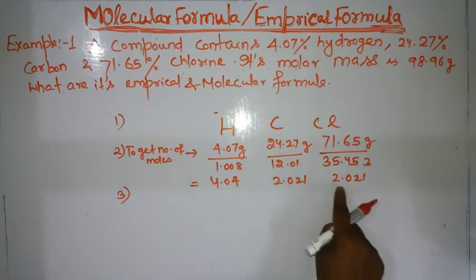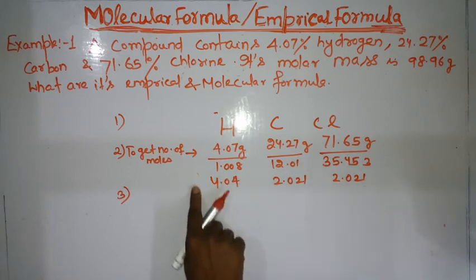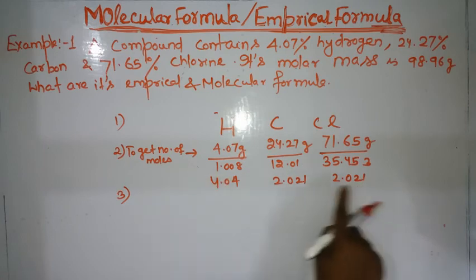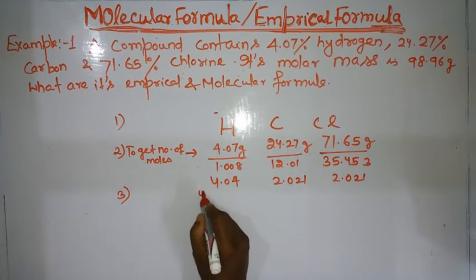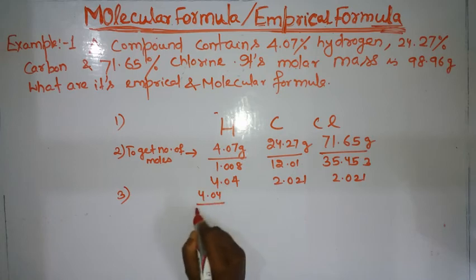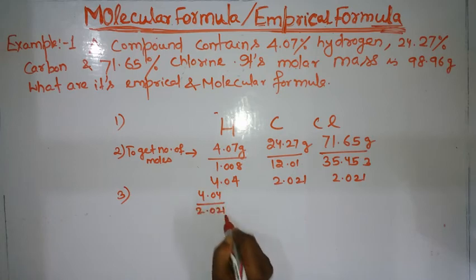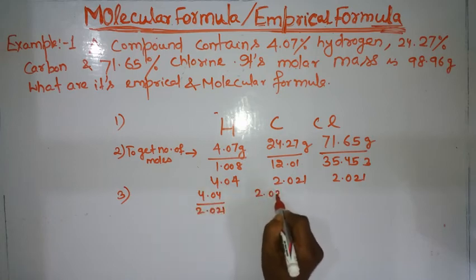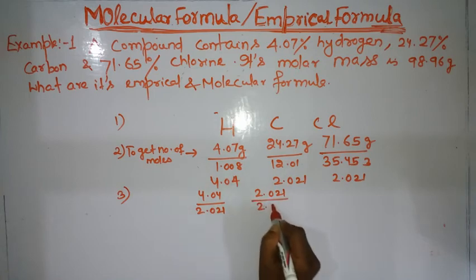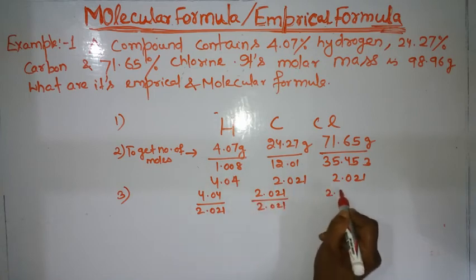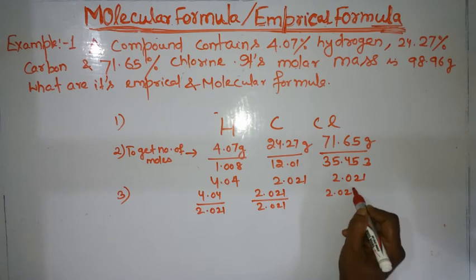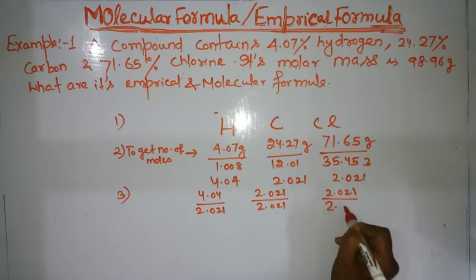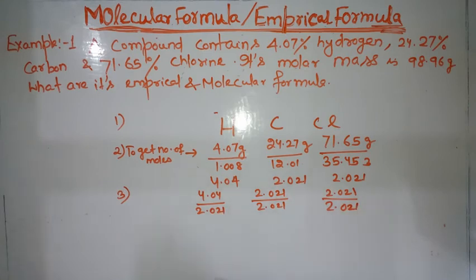Next step, I told you to divide all by the least among them. The least among them is 2.021. Divide each: 4.04 upon 2.021, 2.021 upon 2.021, 2.021 upon 2.021. What is the result?